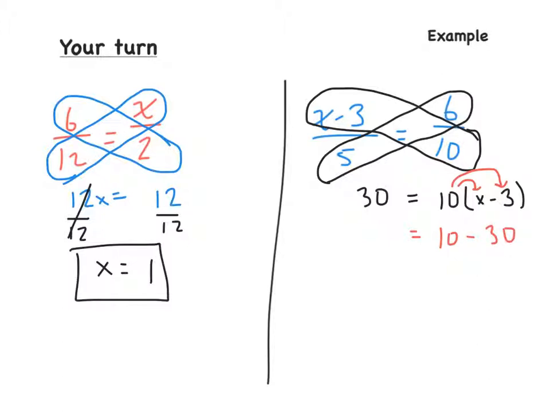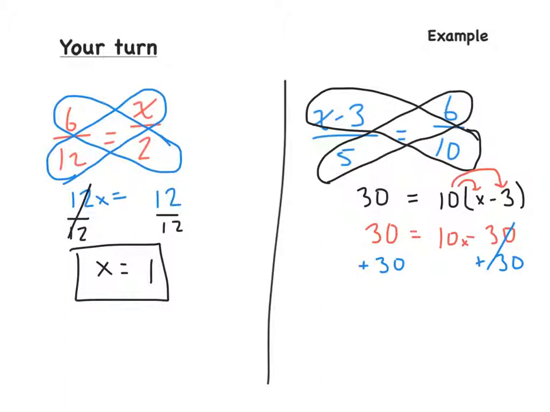That is 30. Sorry, I forgot to add that x in right there. So we have 10x minus 30. So on the left side, we have 30. So now, if we subtracted 30 on the right side, we'll add 30 to both sides, and this will cancel out.